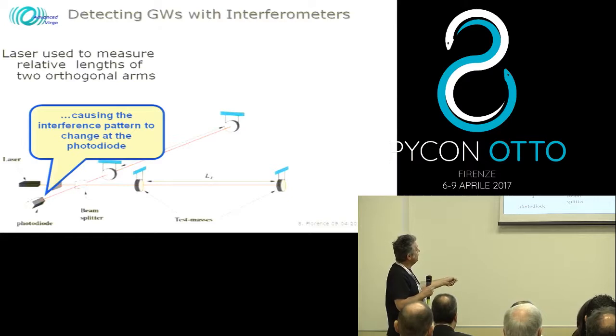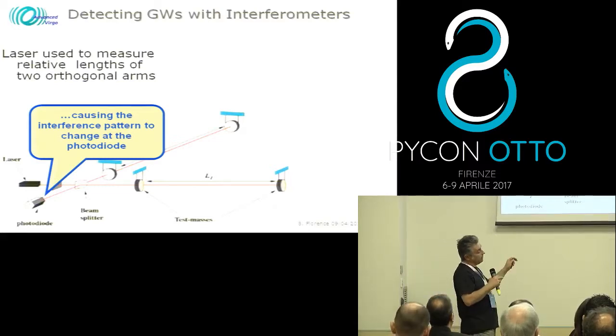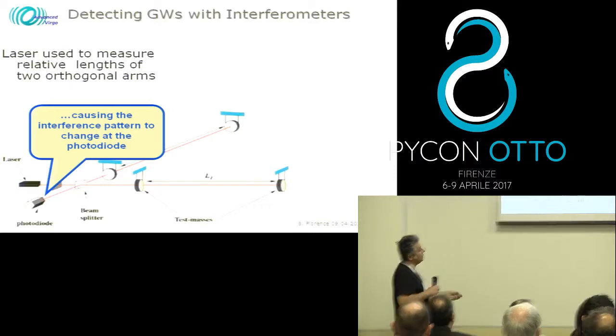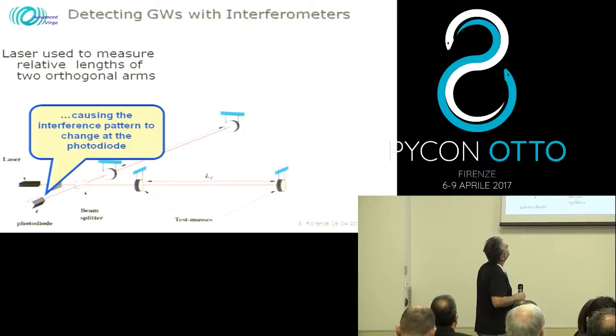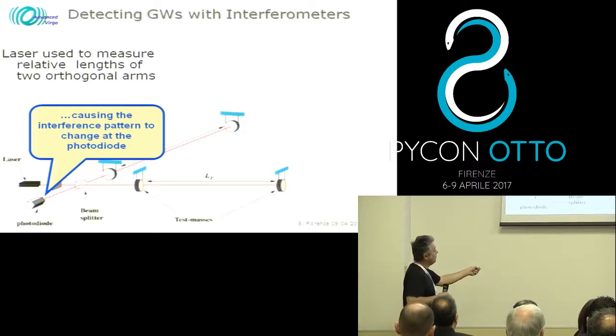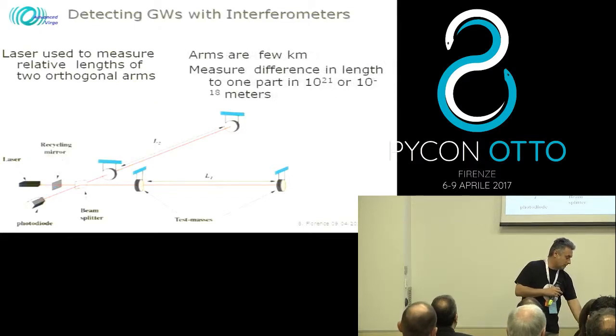The laser beam goes up and down making your measurement, and you keep the waves in destructive interference, which gives what we call the dark fringe. If you see something on the photodiode, it should correspond to a signal that a gravitational wave has passed.